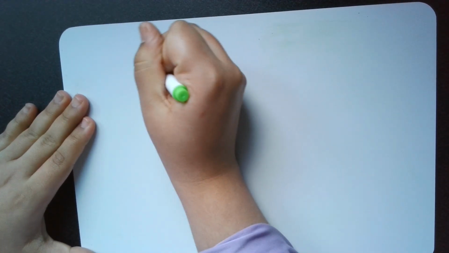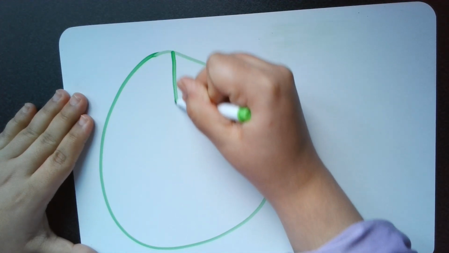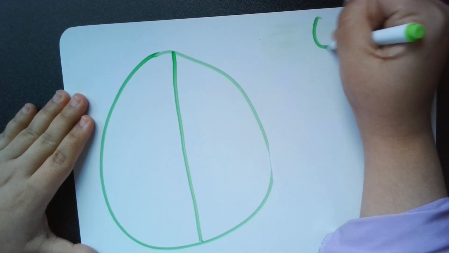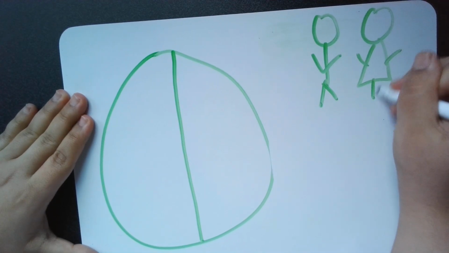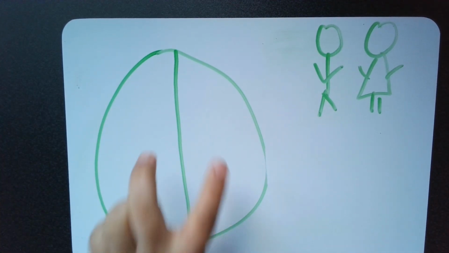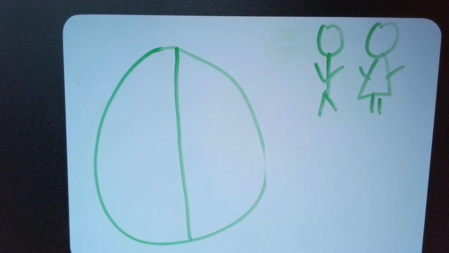Now, thinking about those then, I'm just going to get my circle back up here. Let me get my people back. Got my 2 people. And if you remember, we've divided this circle into half because there are 2 equal parts.